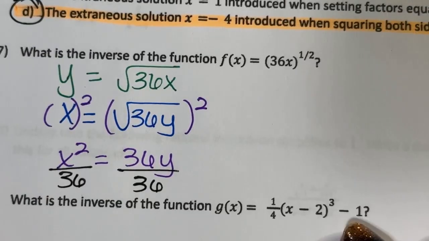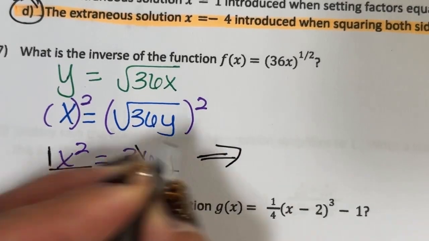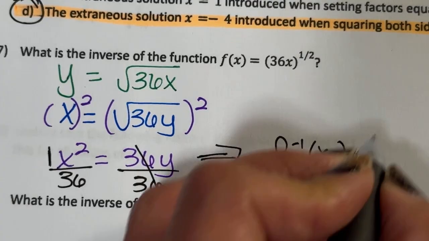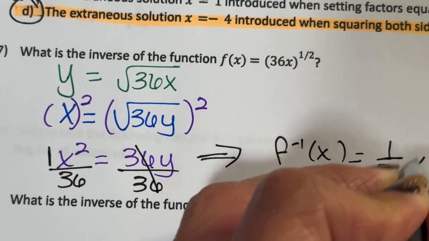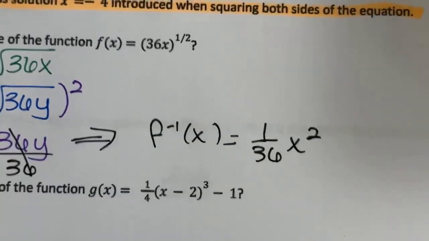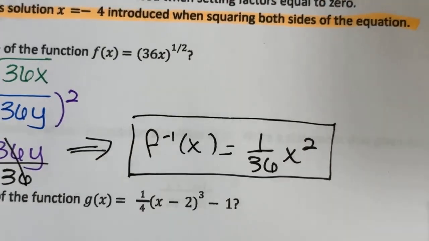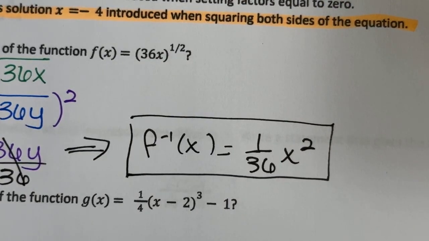Now, what's the number in front of that x squared? It's a 1. So when I write my answer, f inverse of x equals, that's really just a 1/36 x squared. So it's got a massive vertical shrink on that sucker. And there is my inverse equation.